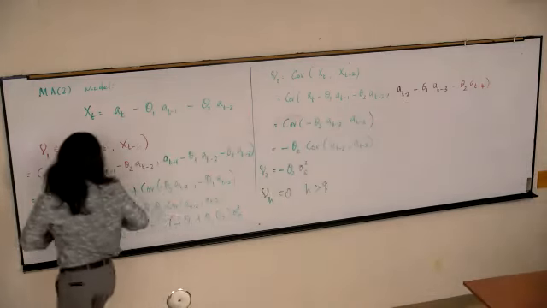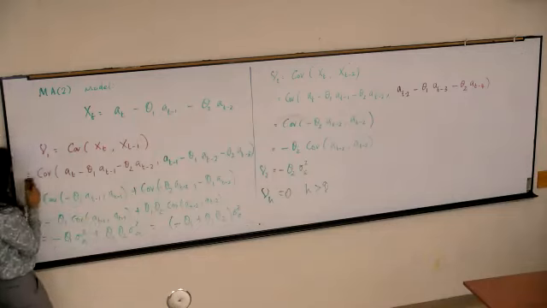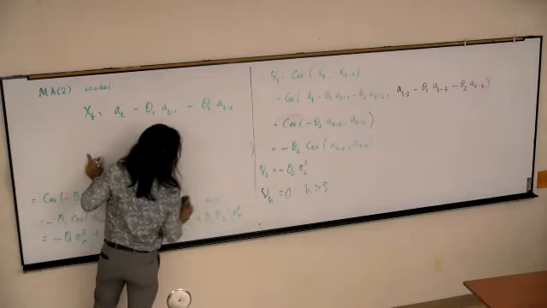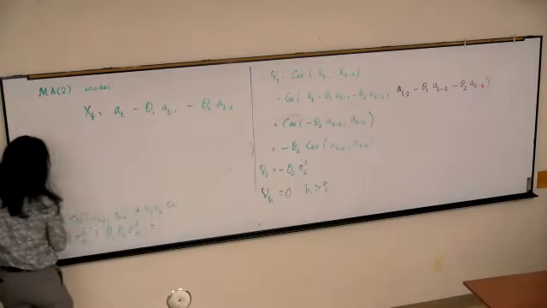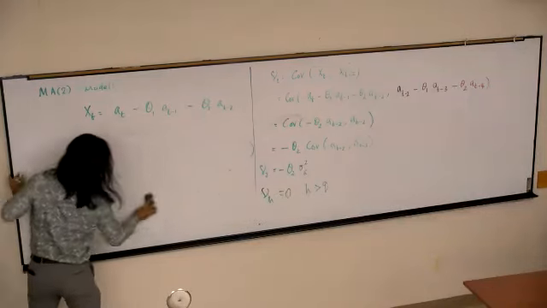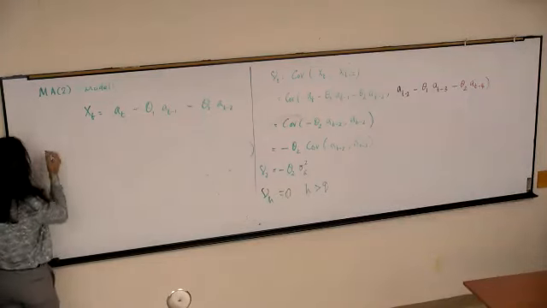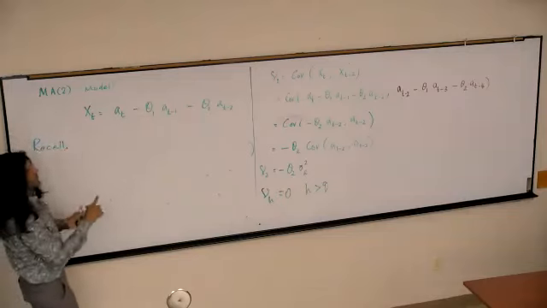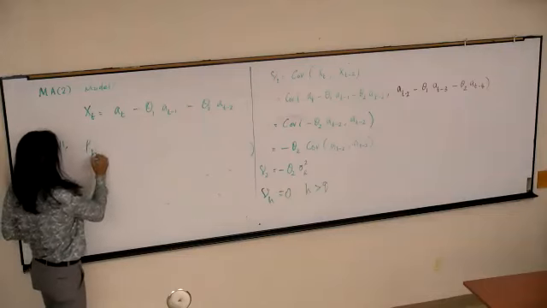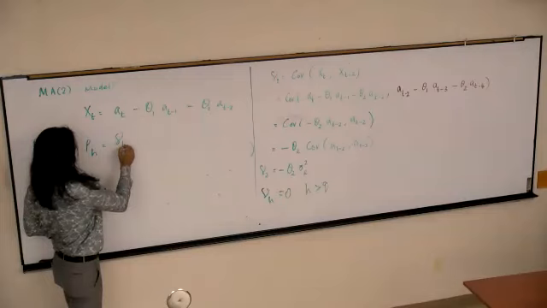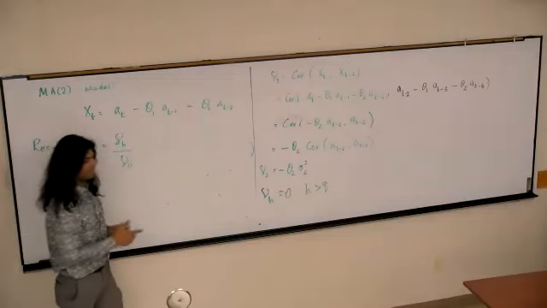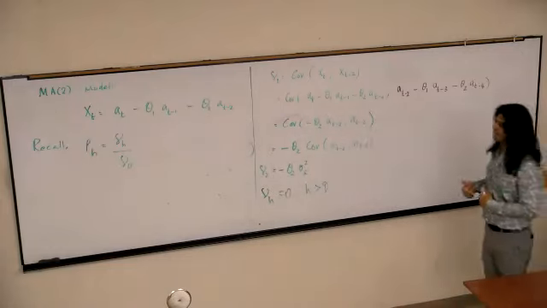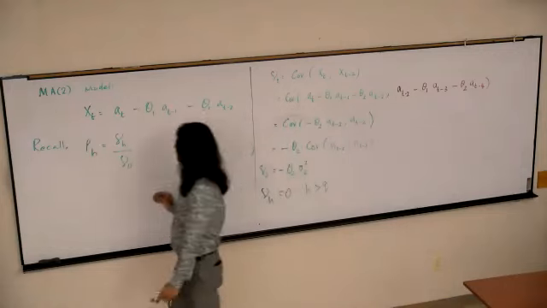So how do we find rho? Rho 0, rho 1, rho 2. The autocorrelation rho h is simply gamma h over gamma naught: the covariance at lag h divided by the variance of the series.